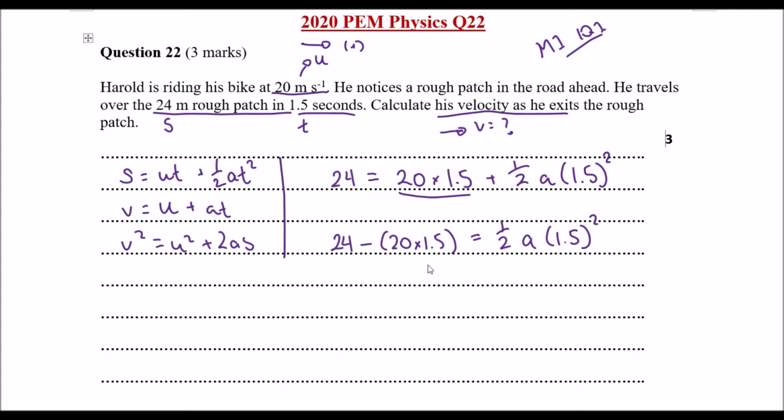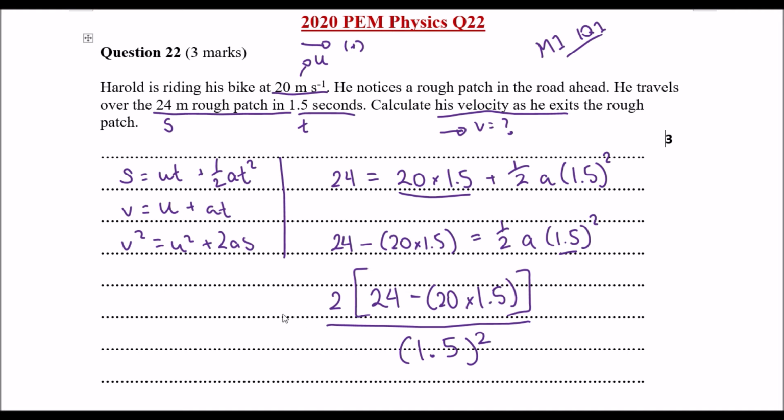We want to move the 2 over, so it becomes 2 times the big square brackets, 24 minus 20 times 1.5, and then divided by this 1.5 squared here. And that is our acceleration.